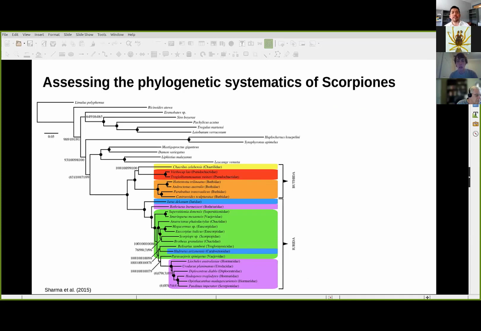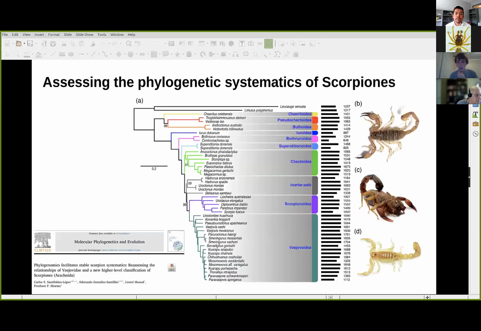And one of the things that drew our attention from this initial analysis was the fact that there were some conflicts with the morphological signal that was recovered in cladistic analyses published previous to this paper in 2015.